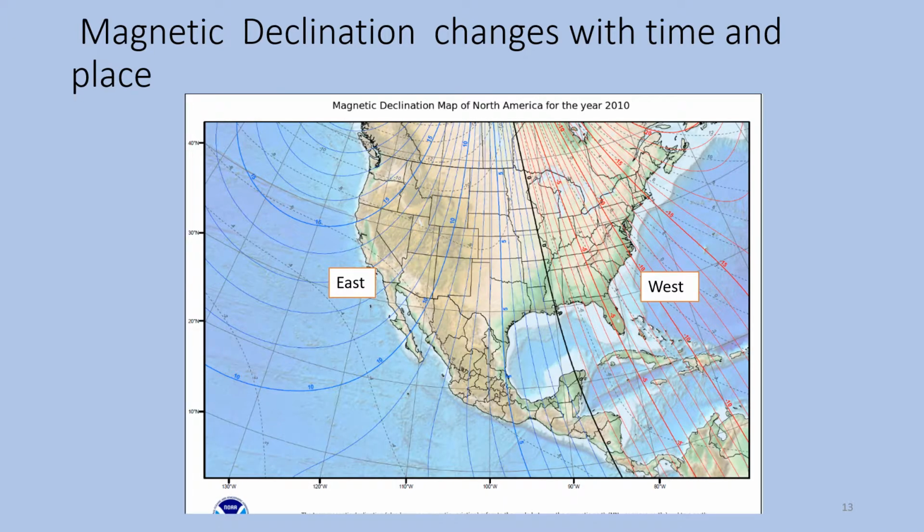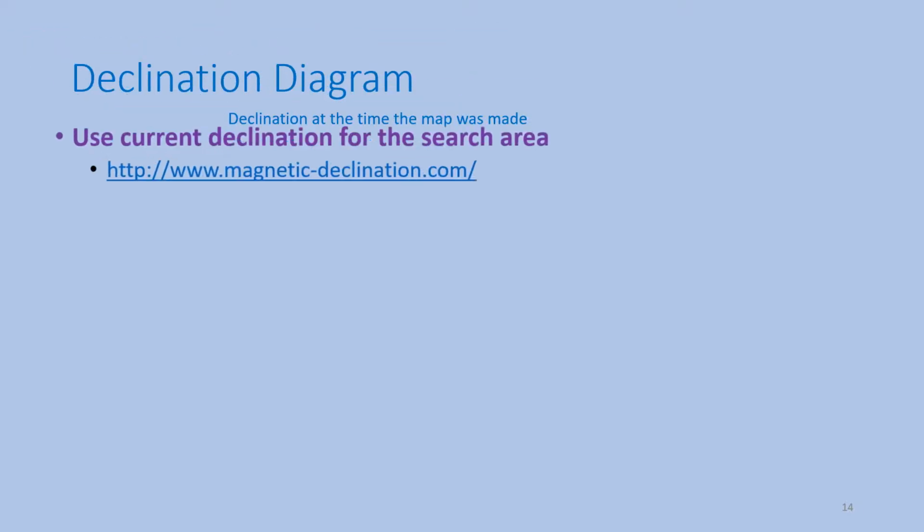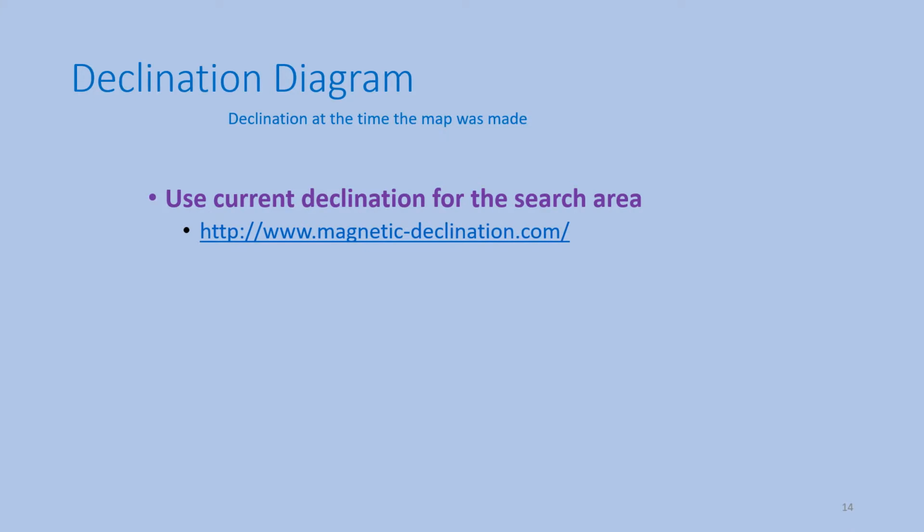Magnetic declination changes with time and place. The declination diagram on your map shows the declination at the time the map was made. Be sure to use the current declination for your search area.